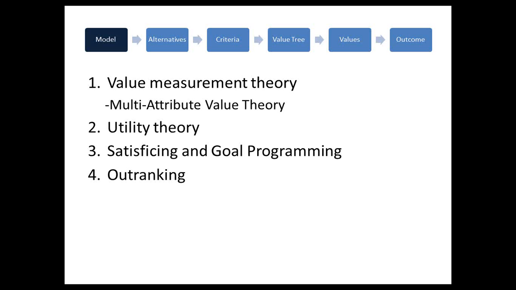A utility theory model is a value-based measurement theory model. However, this is under conditions of uncertainty, so the explicit probability of reaching some type of outcome is taken into account.